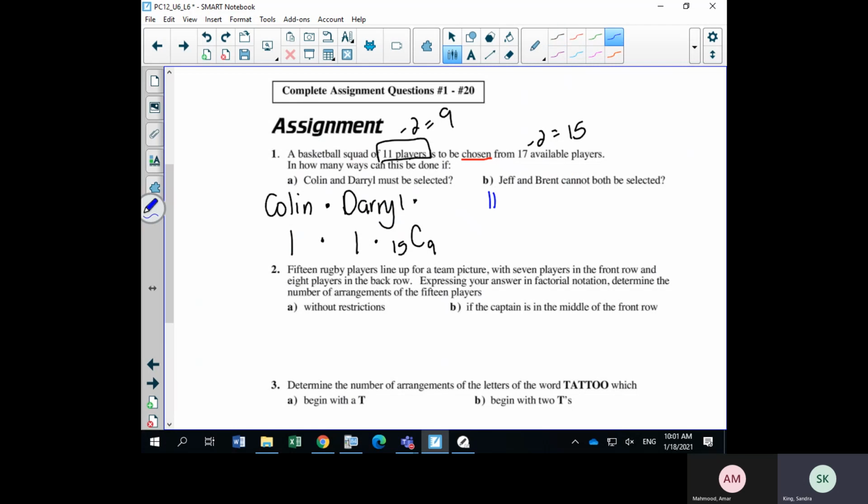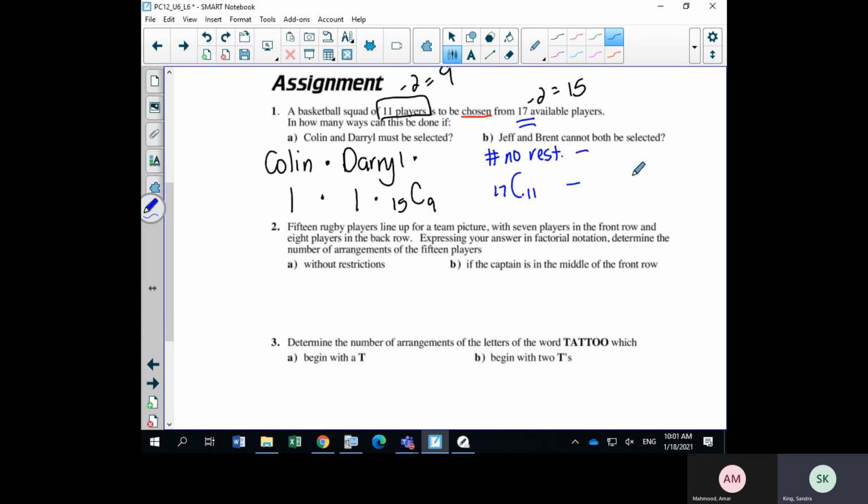So it would be the number of no restrictions: there were 17 players available, choosing 11 of them. That's no restrictions, minus the complement of Jeff and Brent not being selected, which is selecting Jeff and Brent. So that would be this exact scenario.